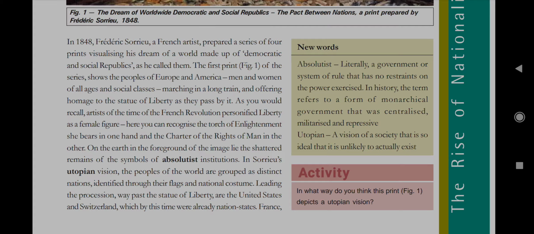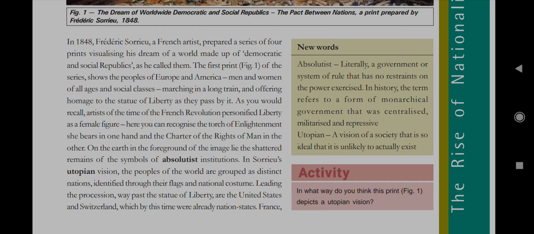What does this mean? This means that the world had democracy and everyone was free. It was full of social republics. There was no discrimination. Everyone had their rights, just like in a nation state. So he called them democratic and social republics.